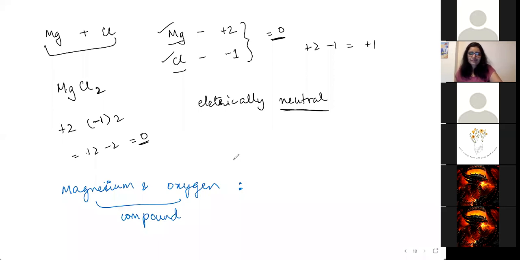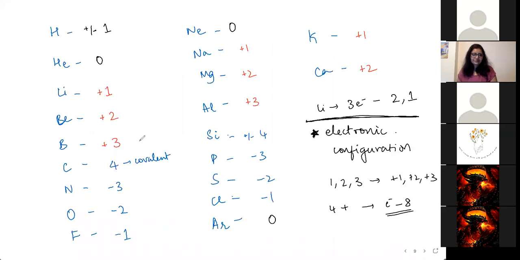No. Samriddhi, no. Samriddhi, for this, valency is important. So if you don't remember it, I'll put it on the next slide. Swayam also no. Ashka got it right. Suhani got it right. I'm displaying the valency. Try again, Swayam and Samriddhi.